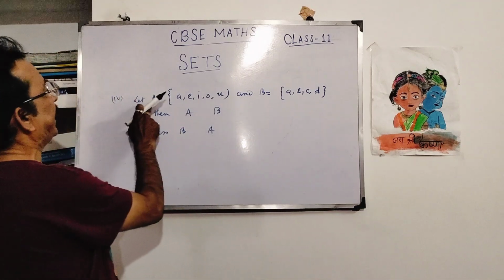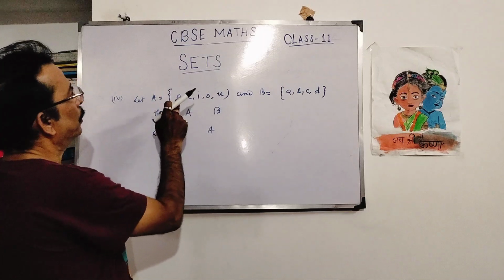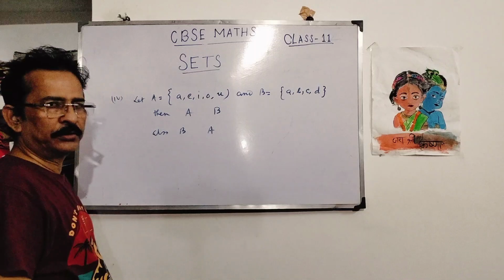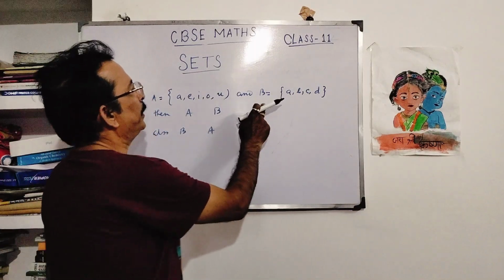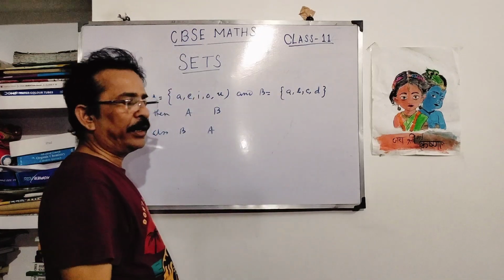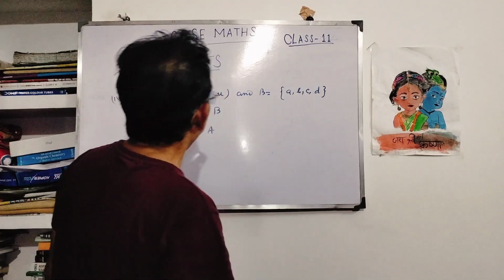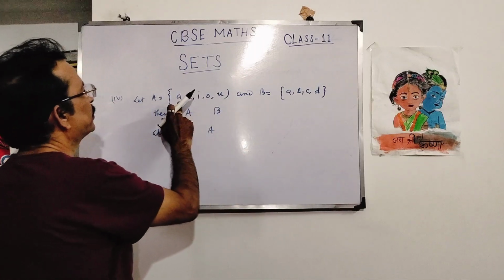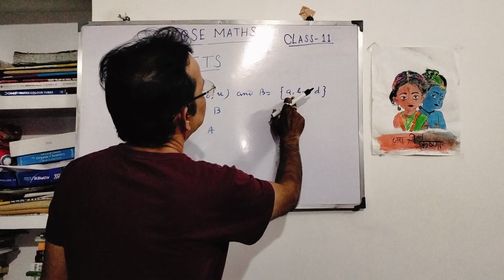Let A be the set whose elements are a, e, i, o, u, and B be the set whose elements are a, b, c, d.